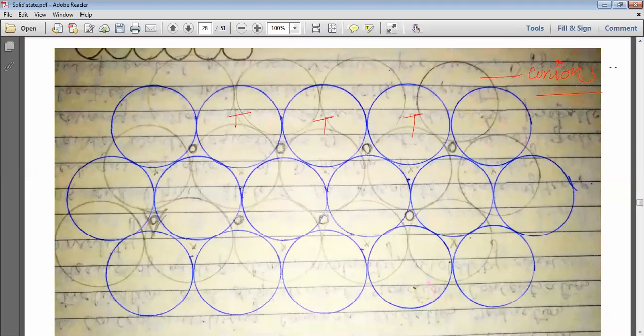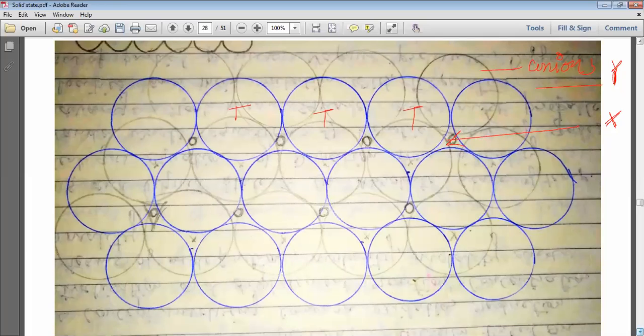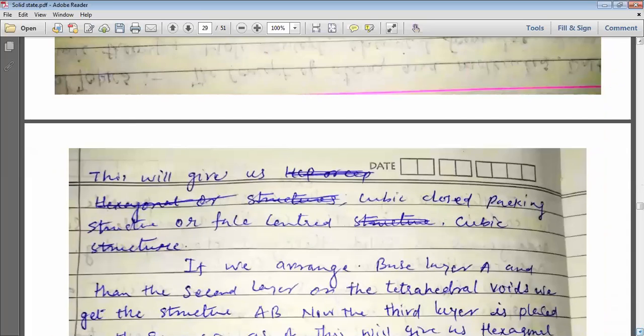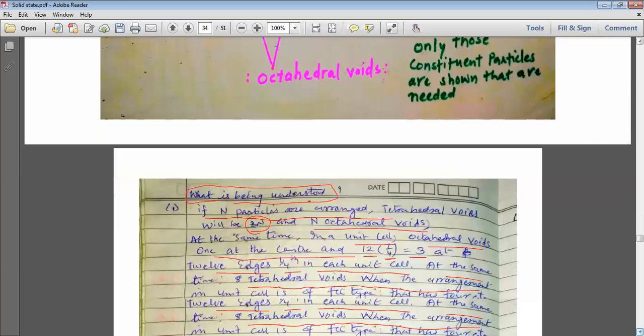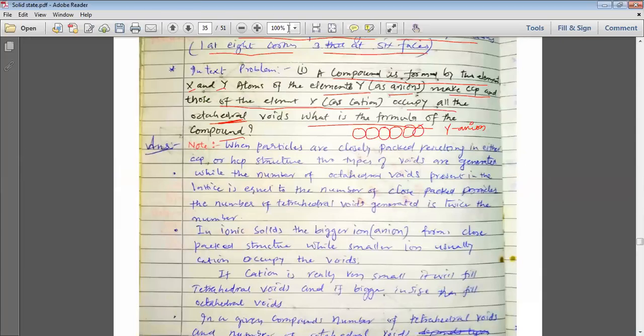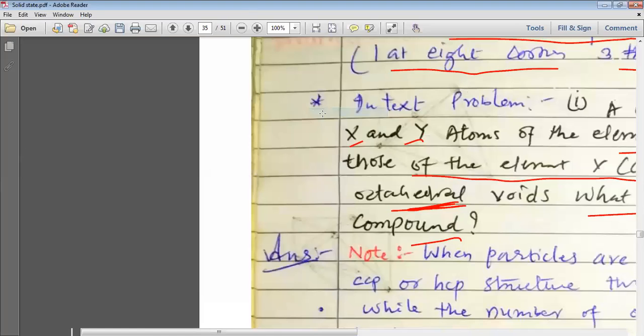Now we have anions, that means Y have been arranged. Now we will put X, but we will put X only on the octahedral void. The question says that X is put only on the octahedral void, not on the tetrahedral void. Please remember, my dear students. So let us read the question once again so that you can understand it well.